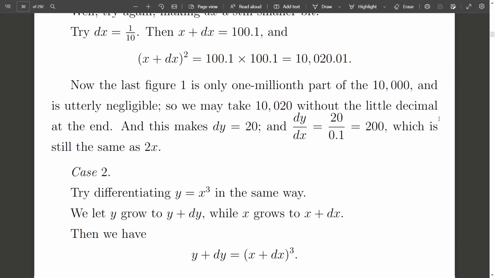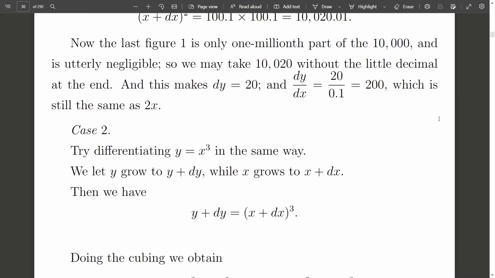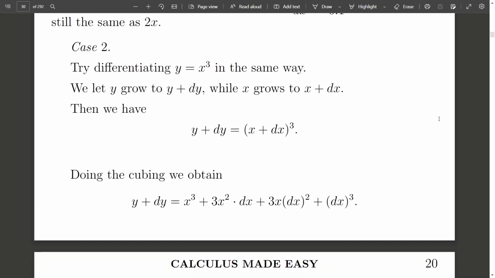Case 2. Try differentiating y equal to x cubed in the same way. We let y grow to y plus dy, while x grows to x plus dx. Then we have y plus dy is equal to (x plus dx) cubed.